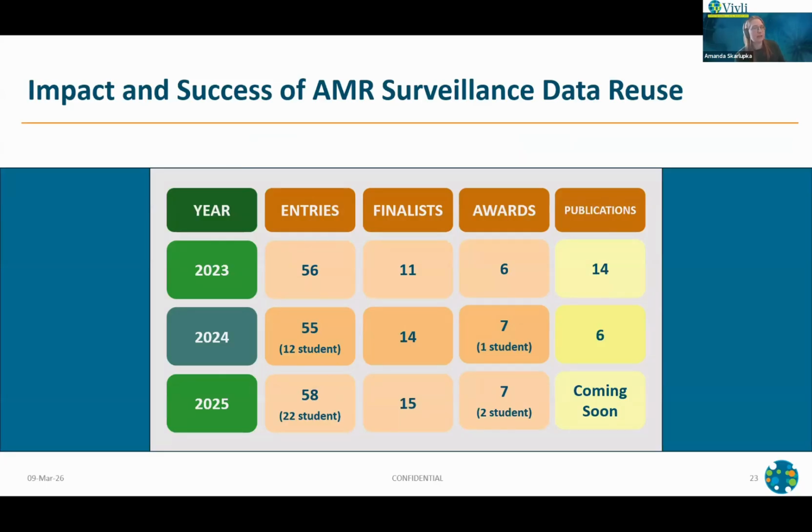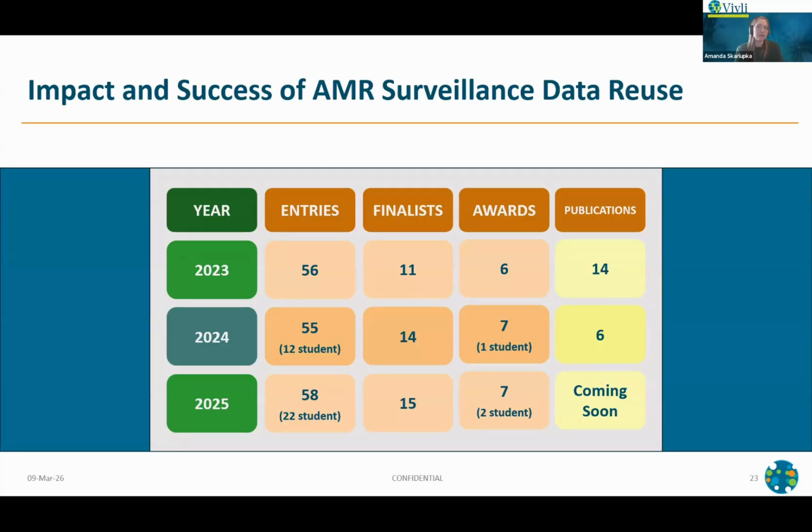And we've seen that the publications that are coming out of the data challenge are also very strong, with a little bit of a lag time as to be expected because they're research publications. And so we do have to track that after the completion. But we've seen 14 publications come out of our 2023 data challenge, 6 so far out of our 2024 data challenge, and our 2025 data challenge finished up last October.